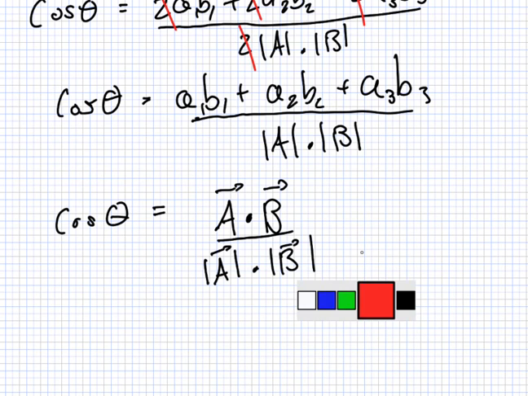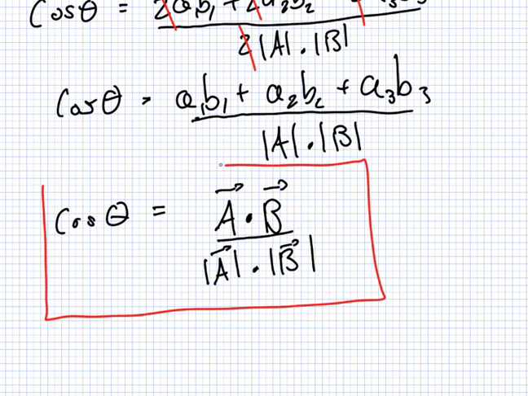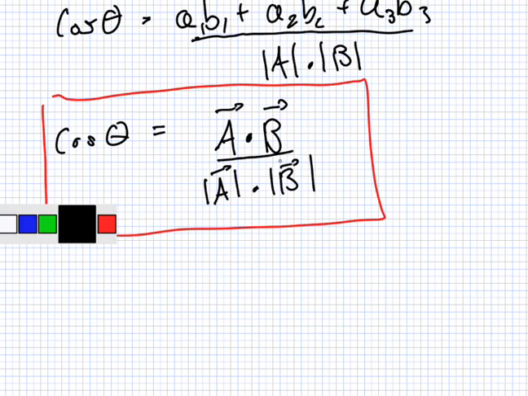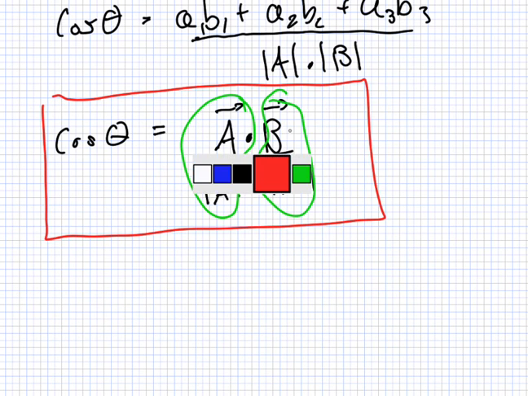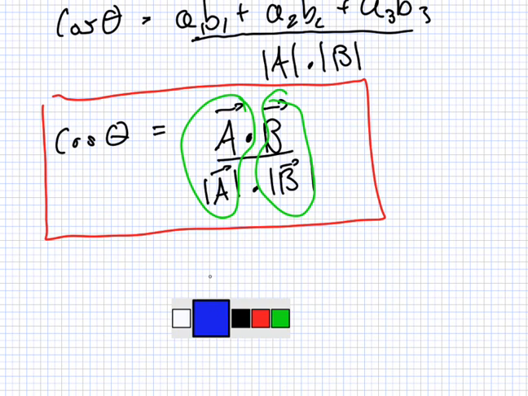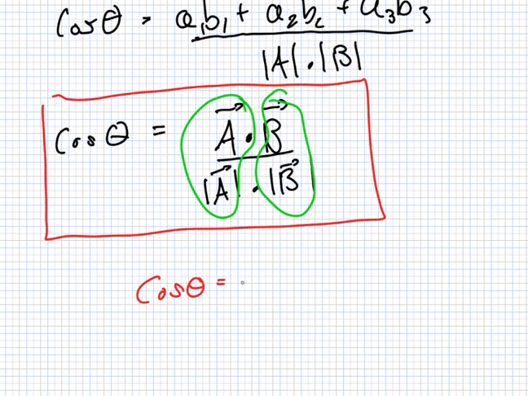This is usually how it is in the formula book. But as you saw, this is a unit vector of A, and this one is the unit vector of B. So you could actually say cos theta is A as a unit vector dot with B as a unit vector.